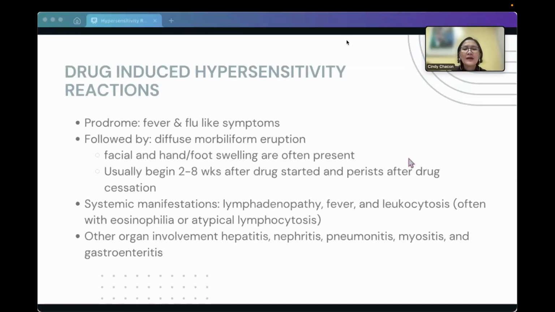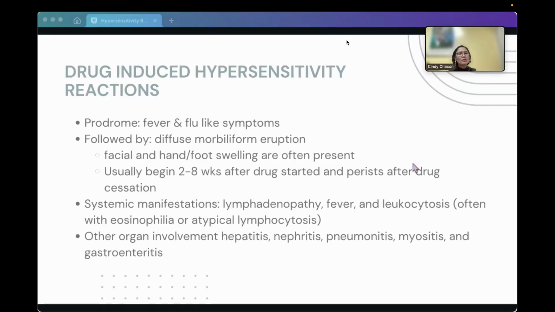It is followed by the appearance of a diffuse morbilliform eruption, usually involving the face. Diba? I mentioned earlier when we were discussing MP rash, usually trunk and extremities lang involved. But if you start to have lesions on the face, especially if it involves facial edema, then you might want to consider already a more severe reaction, which is a drug-induced hypersensitivity reaction. So not just the face, the hands and the feet are also swollen.